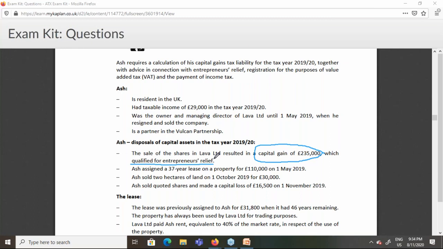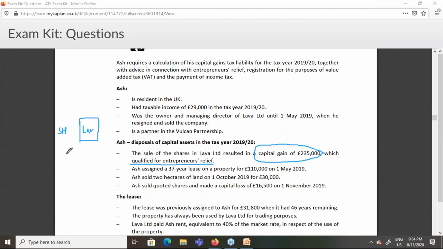And what is this associated disposal? So you were a shareholder, that means an owner of this company, Lava Limited. And you sold your shares in this Lava Limited at a gain of 235,000, which qualifies for ER.